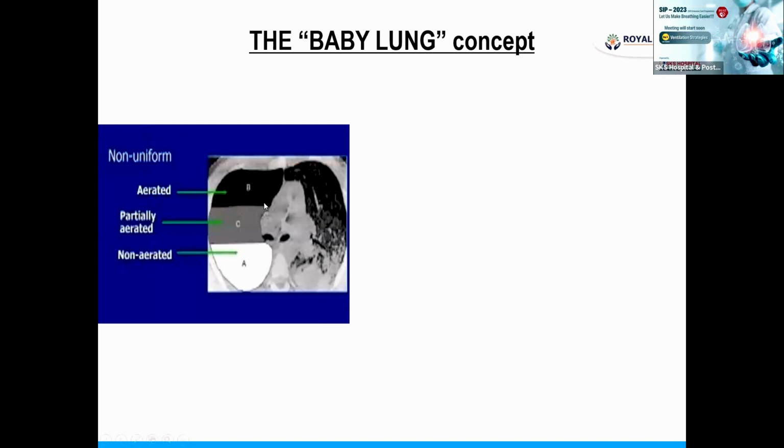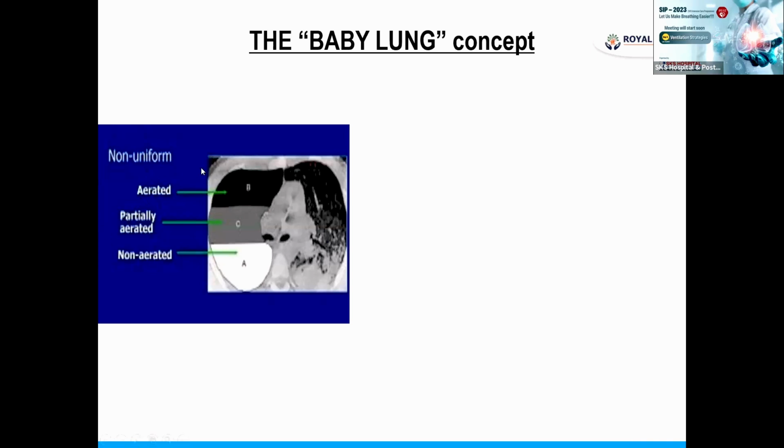In an adult patient who has ARDS, the amount of lung which is being aerated, or the amount of lung that takes part in the ventilation, in which the total tidal volume that you deliver is going to be supplied, is very, very small. This amount of lung will hold only what is there in a baby or a child who is 5 to 6 years.